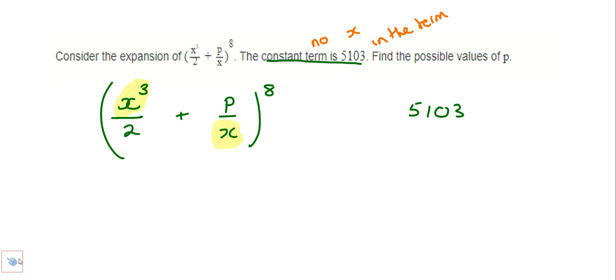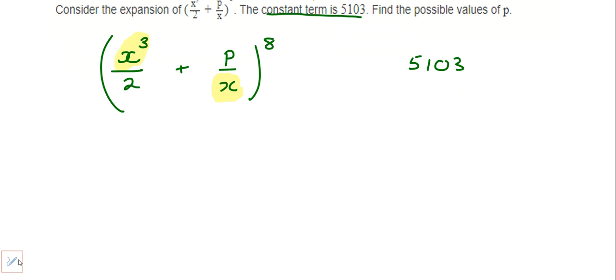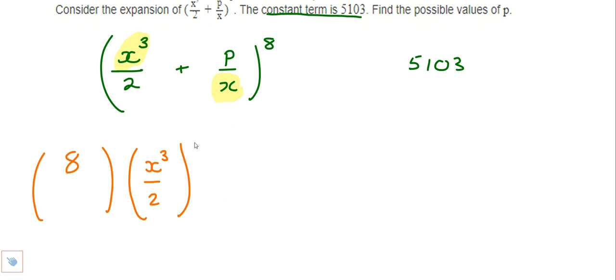So you can, like a couple of you have been doing, work out the whole expansion and figure out, or the quick way to do, as they would hope you would do, is you would say, right, it's 8 over something. I know it's 8 because of this number here. And then it's going to be x to the power of 3 over 2 to the power of something.